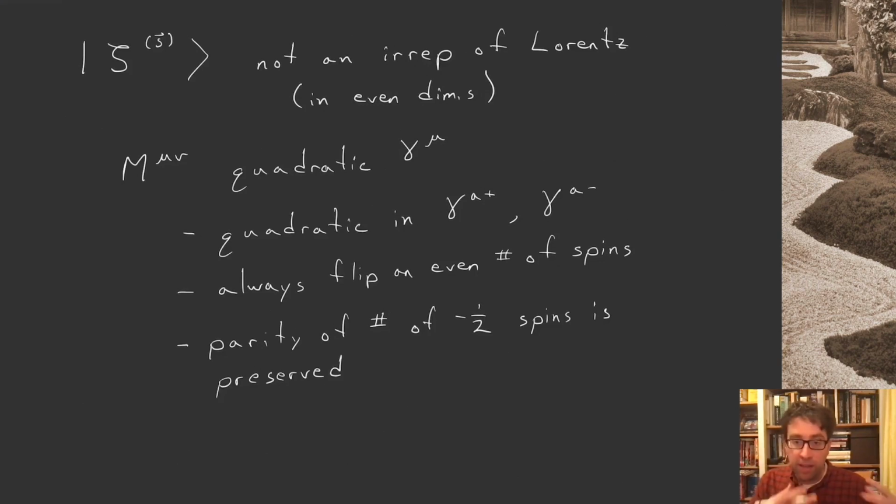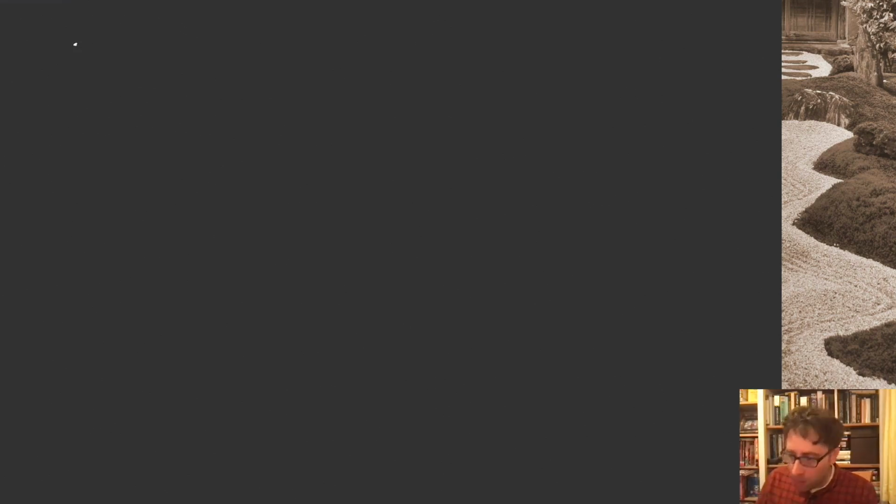So there are going to be states with odd numbers of downspins, and there'll be states with even number of downspins, and they're not mixed through the action of the Lorentz generators. And those two sets of states show you how to reduce the original Dirac representation of the Clifford algebra into these two sub-representations.